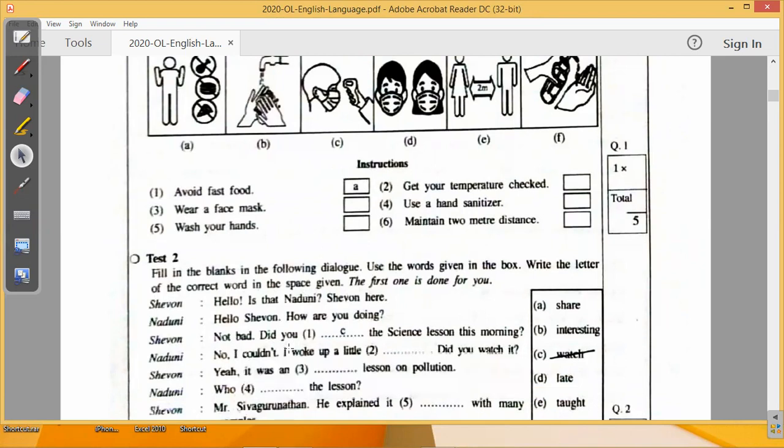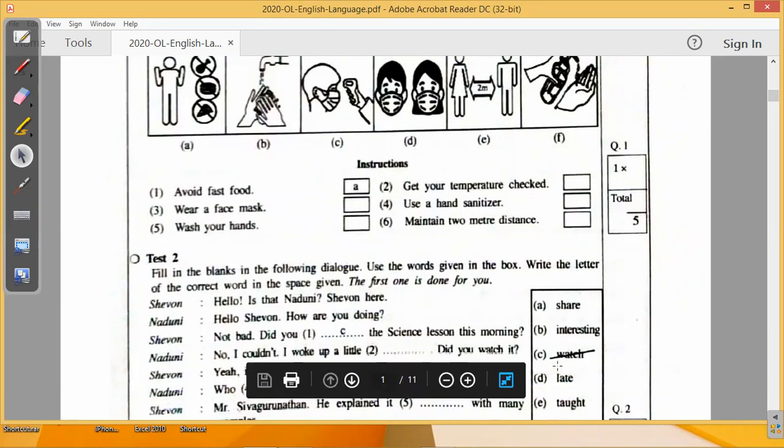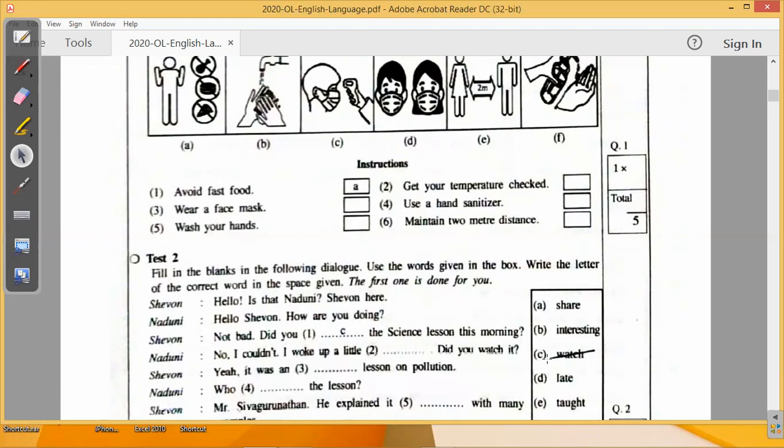Write the letter of the correct word in the space given. The first one is done for you, and that's why they have crossed out this word, watch, in the sense the verb and the letter C. Okay, so we need to identify what the other answers are for the blanks.